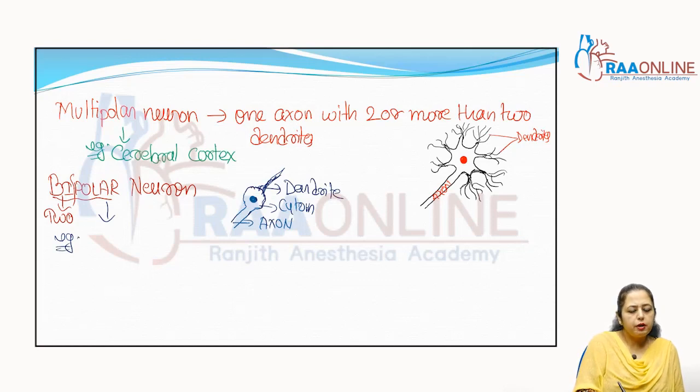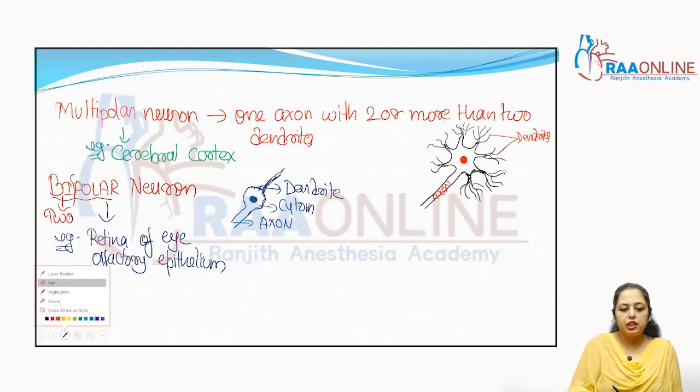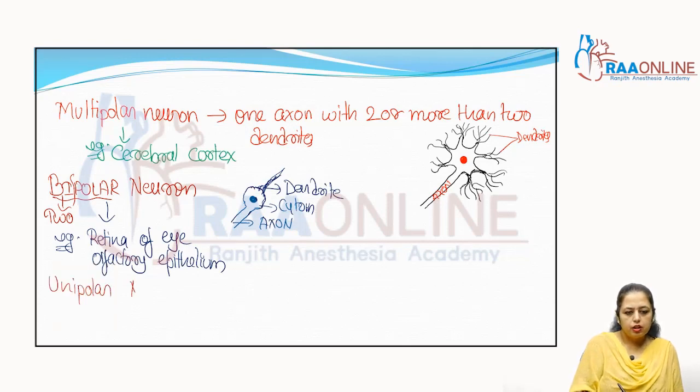This is the bipolar neuron, and examples are the retina of the eye and the olfactory epithelium.